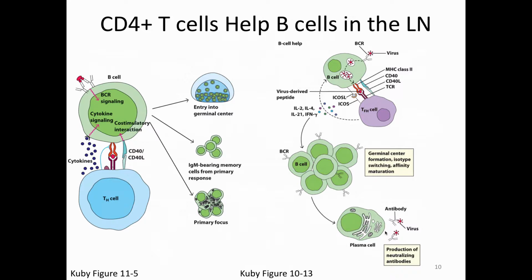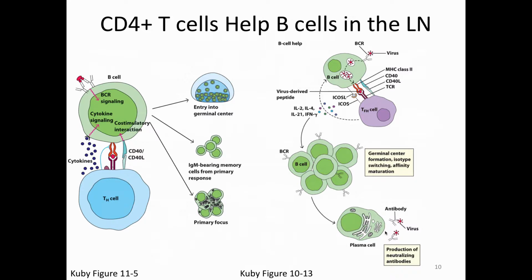As Manny correctly pointed out before, there often is a third signal using cytokines, which I'll say a little bit more about in a bit. And once the B cell has received this second signal as a result of T cell help, the B cell now can do things like become a memory cell, it can do its class switch, it can do its affinity maturation, and so on.